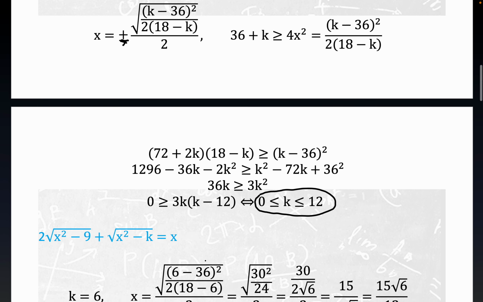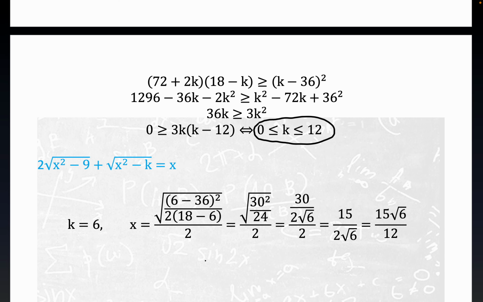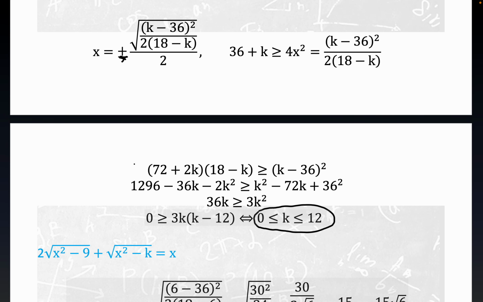But anyway, what I did for you guys is I worked just one example here. I arbitrarily chose k equals 6. You can see I put the 6. Here's our quadratic right up here, folks. So I just put a 6 right here, a 6 here, and a 6 here.